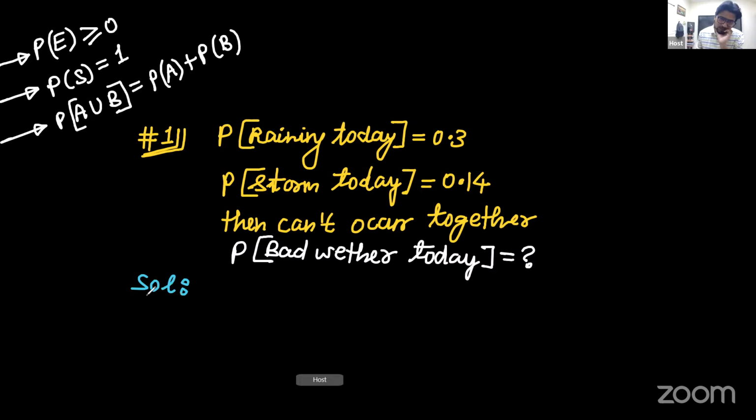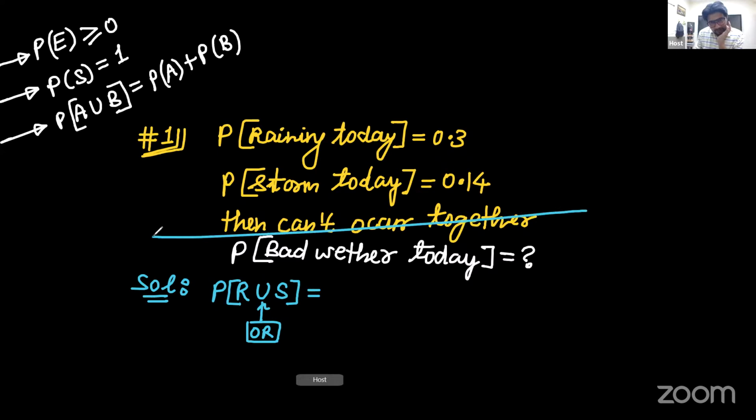You can solve this very easily. The probability of bad weather means either rain happens or a storm happens. I told you repeatedly that union represents OR. And since they can't occur simultaneously, they become mutually exclusive events.